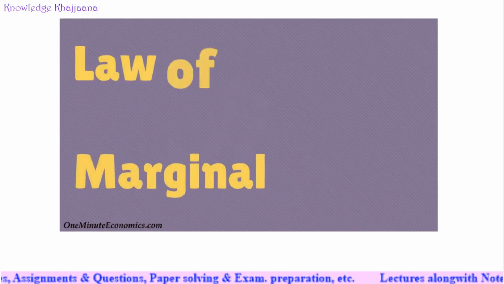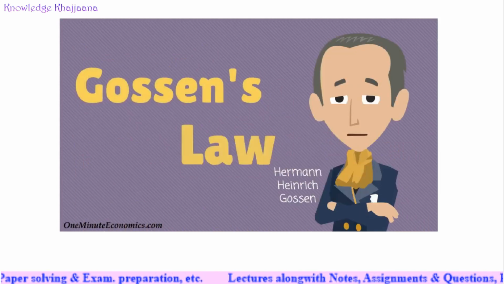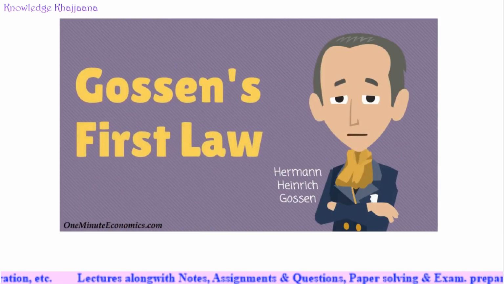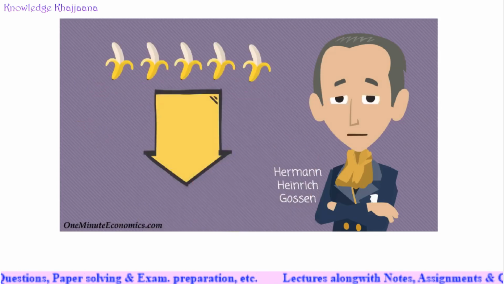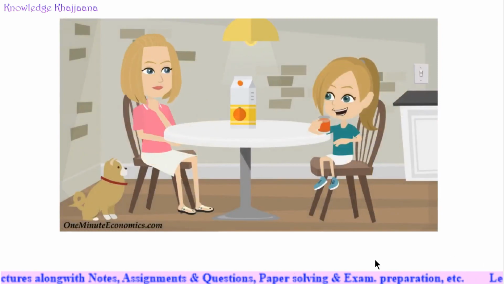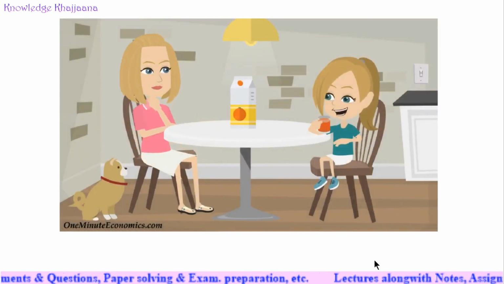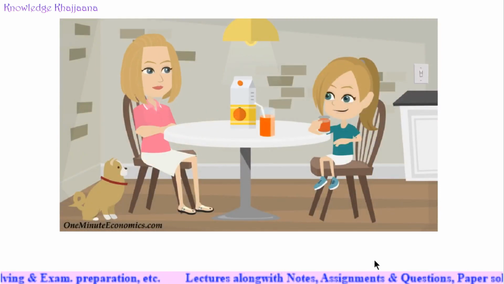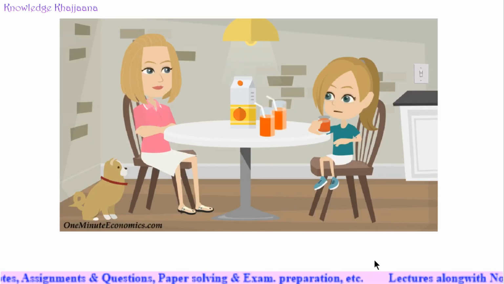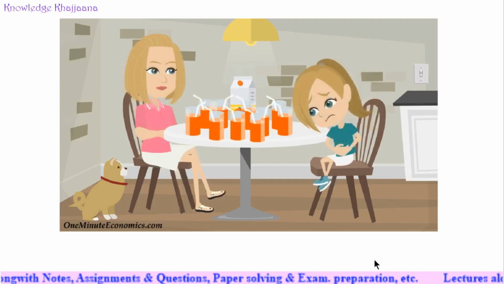The law of diminishing marginal utility, also called Gossen's first law as a tribute to Hermann Heinrich Gossen, simply states that as you consume more, the marginal utility usually goes down. In other words, a glass of orange juice provides a lot of satisfaction when you're thirsty. You can drink another one, but it won't provide as much satisfaction as the first. A third glass might give you additional satisfaction, but not much, whereas from a certain point, we're in negative utility territory because you probably won't feel too well after drinking the 10th glass.